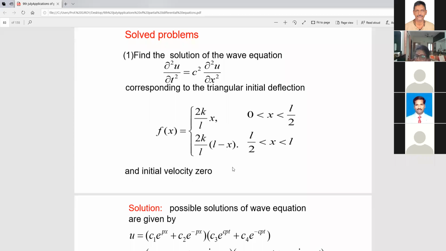They can also give some velocity here. In that case, what we do is make any one 0 and do the problem. Finally, you can add up both the solutions and give your final solution. It's not necessary. Anyway, for BE students, we'll be giving either initial displacement 0 or initial velocity 0. But for higher engineering mathematics, both can be given as non-zero also.